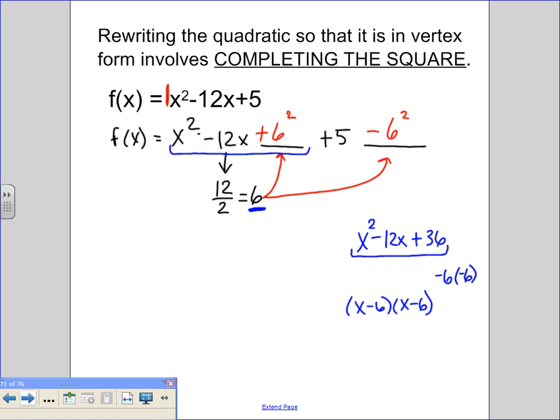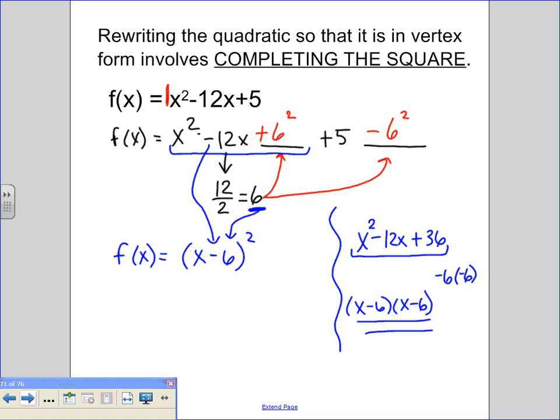You have a 6. So leaving that as side work, what we're going to do to write this f of x now in vertex form is to write it as a quantity squared. It's going to be x, whatever this sign is, you take it. In this case, it's a minus, and then you take this value here. So x minus 6 squared, which you notice is what we got when we factored.